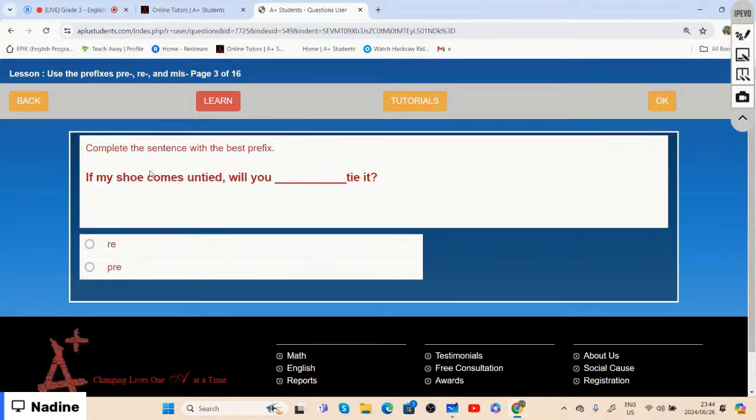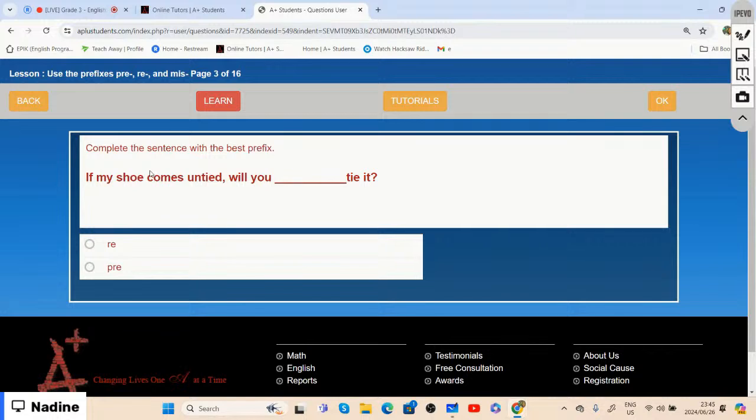If my shoe comes untied, will you retie it? Option one, or will you pre-tie it? Option two. That's not if it comes untied, meaning you tied it already.